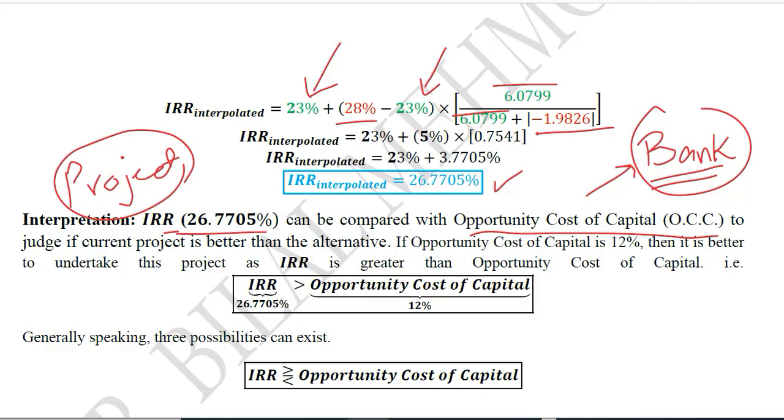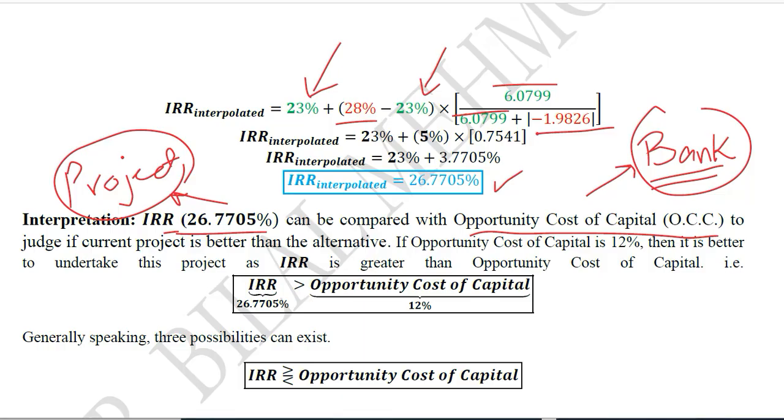Opportunity cost of capital is a suitable name because this is the opportunity cost of capital that might be invested in the project. So we can check from the bank what return they are giving to us on an annual basis, and then we can be in a better position.